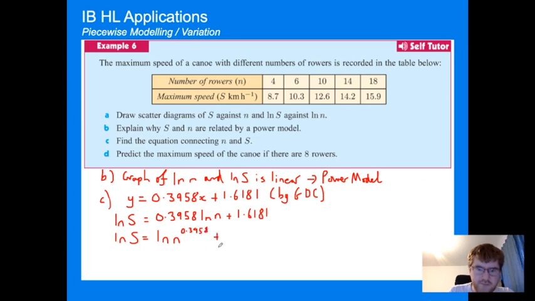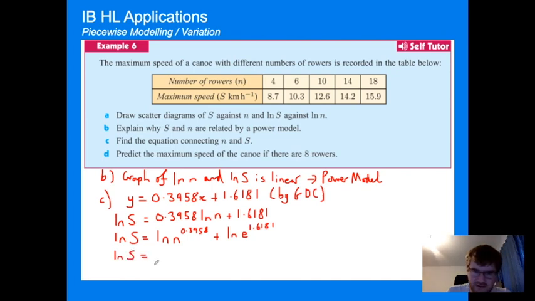We're going to transform 1.6181 to ln e to the 1.6181 using the same trick that we looked at before, because these two things cancel. The reason we do that is that we can now combine the logs together.